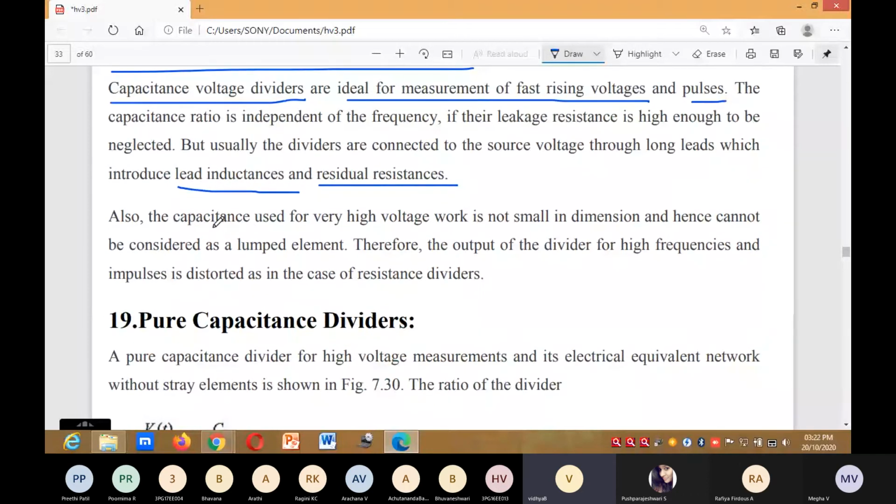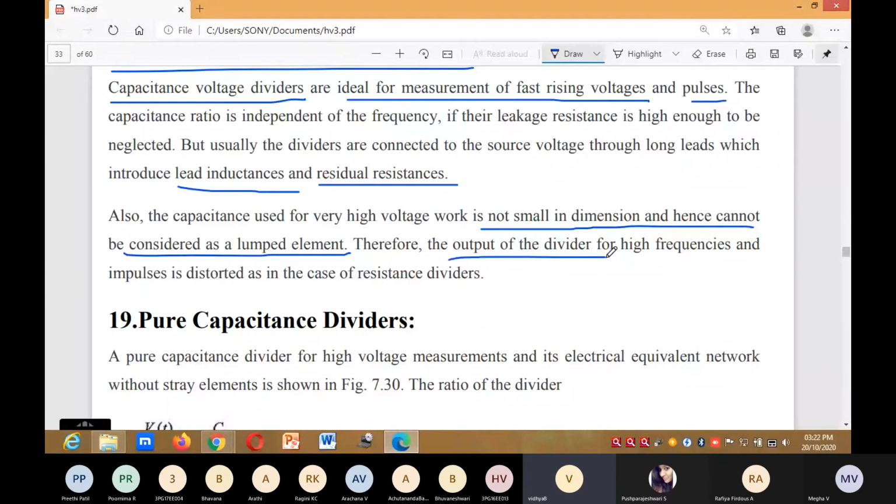As a capacitance used for very high voltage work, it is not small in dimension and hence cannot be considered as a lumped element. Therefore, the output of the divider for higher frequency and impulses is distorted, as in the case of the resistor divider.